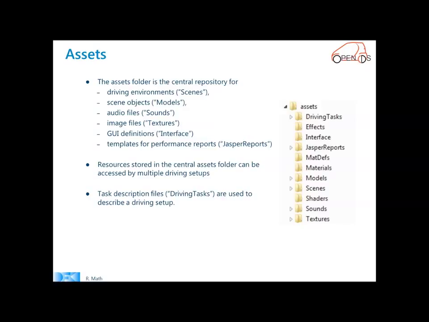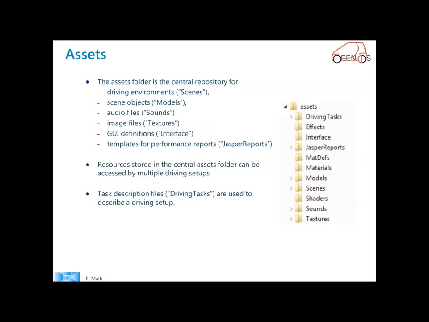So these are required. If you change their names, this might cause conflicts. Maybe the most important one is the scenes folder. This is where you place all your models, your driving environments. So this is the place where you find your city models and all the scenery you want to drive through.